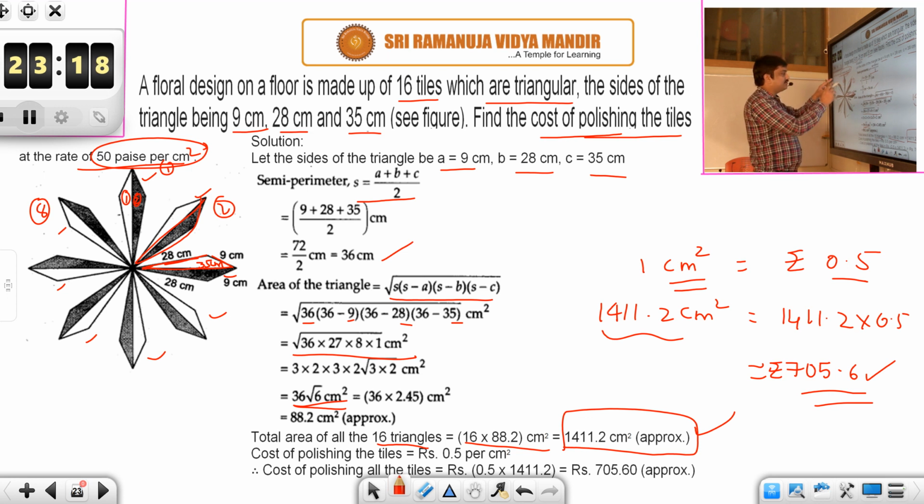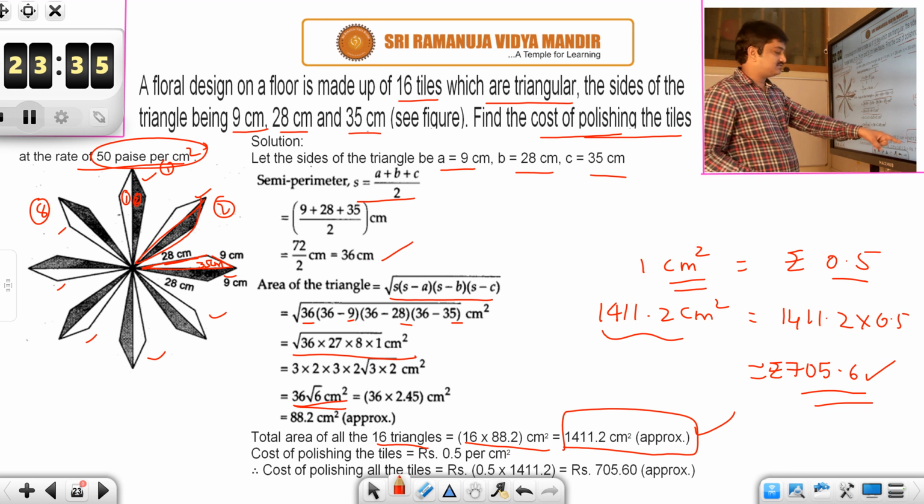Then in that case, you will be considering only 8 triangles, not 16. 16 triangles are the total number of triangles, but if they ask about only a particular shade, then there are 8 triangles of each shade. For polishing each shade, the area will be 8 times of this, and the cost will again be half, it will become half of this.